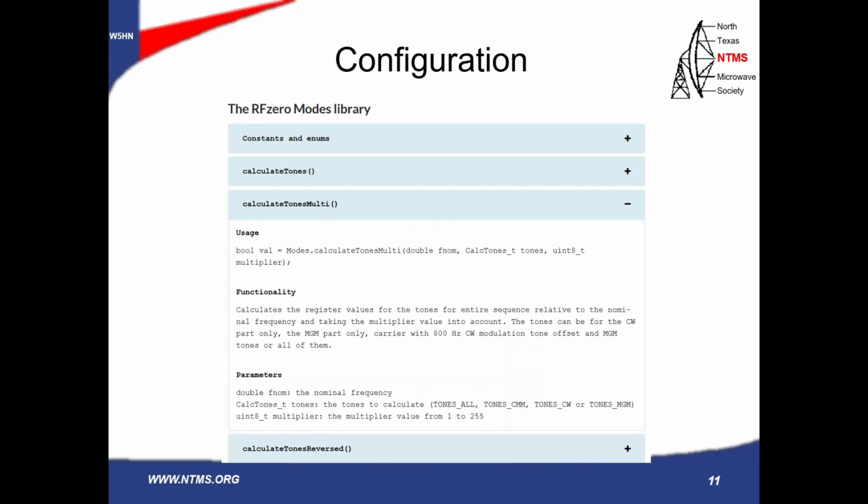The tones can be for the CW part, the MGM, which would be the digital part only, carrier with 800 hertz CW modulation, tone offset, MGM tones, or all of them. So look at this last line: unsigned integer 8T multiplier. The multiplier value from 1 to 255. So I want to test that. I didn't have time to do that. I just got these on Monday.